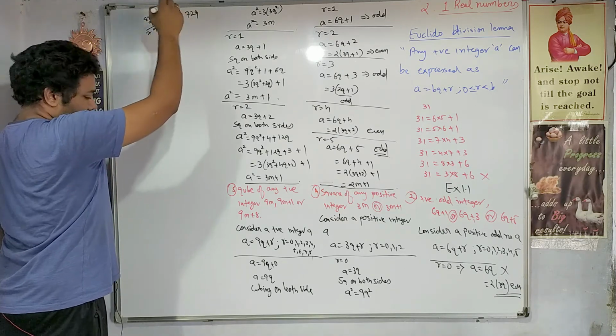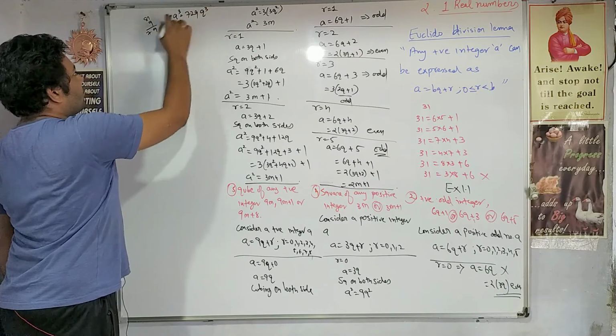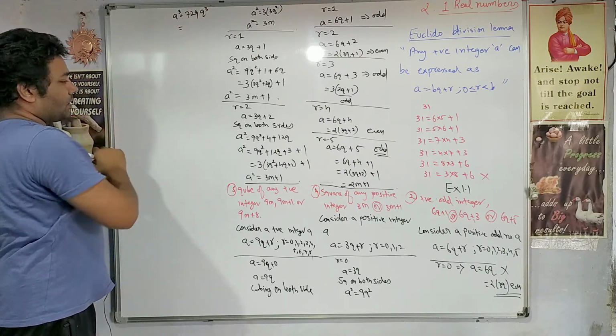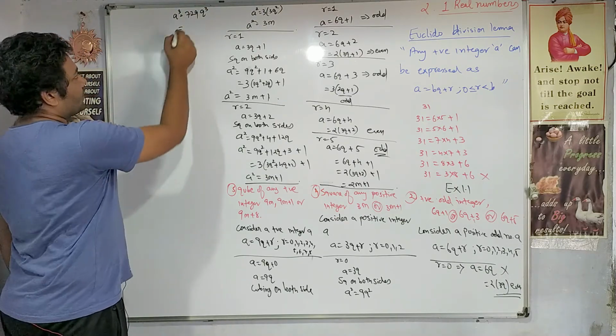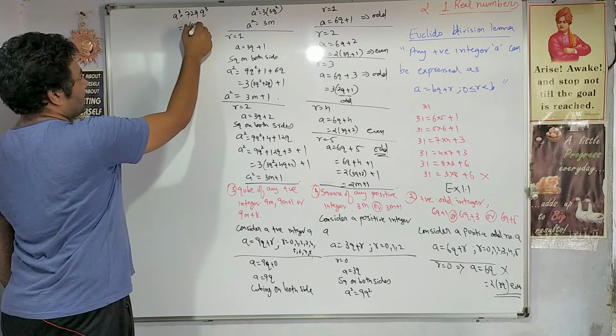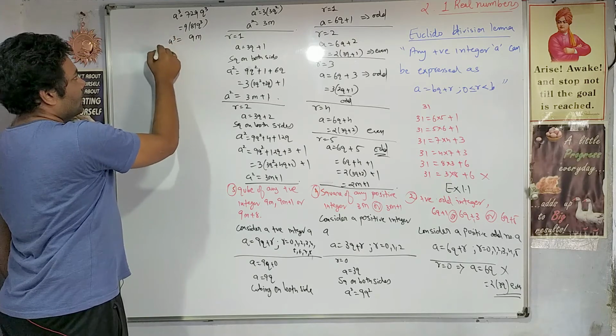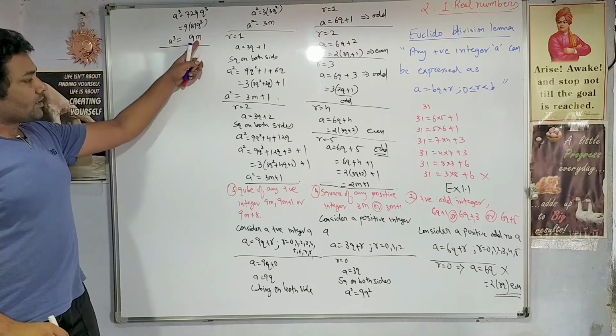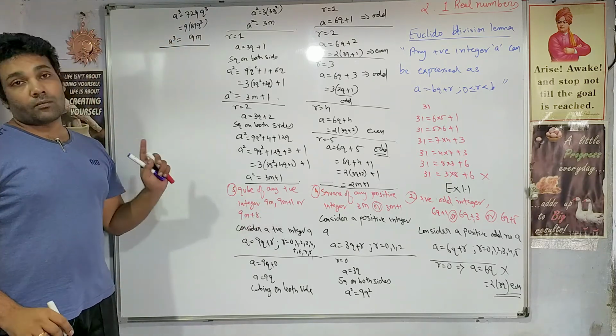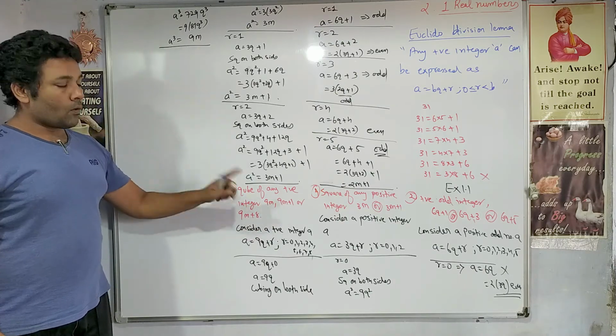So 729 q cube, correct? So here if I take out 9 common, this will be 81 q cube. This is nothing but again some number, 9m. So see, cube of any number is either this form or this form. So we have got one of those forms.